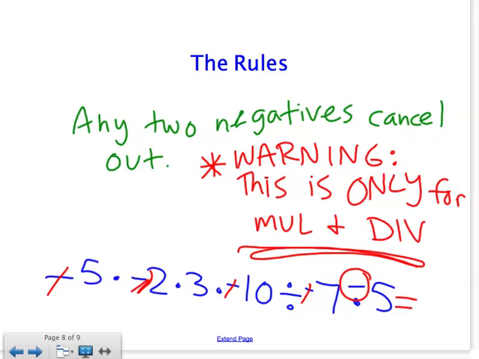So my answer is going to be negative, no matter what this is. I feel like doing that out, but I know the answer is going to be negative. So any two negatives cancel out. If you're left with one negative remaining, the answer is negative. If all of them have a buddy and they cancel out, then you have a positive answer. Again, don't get this confused with addition and subtraction. It does not work for them.